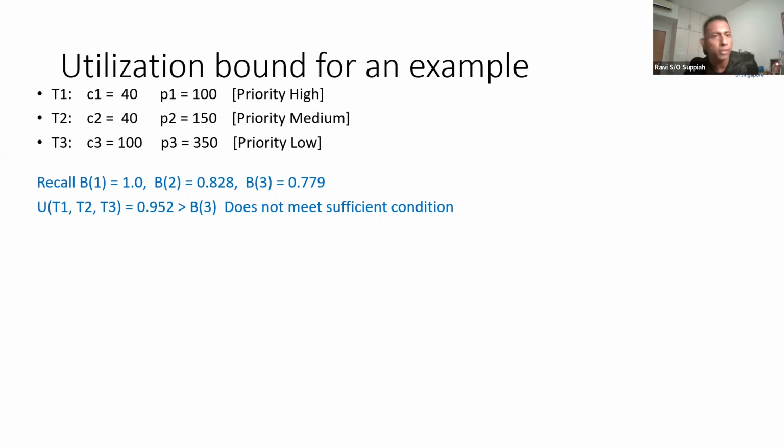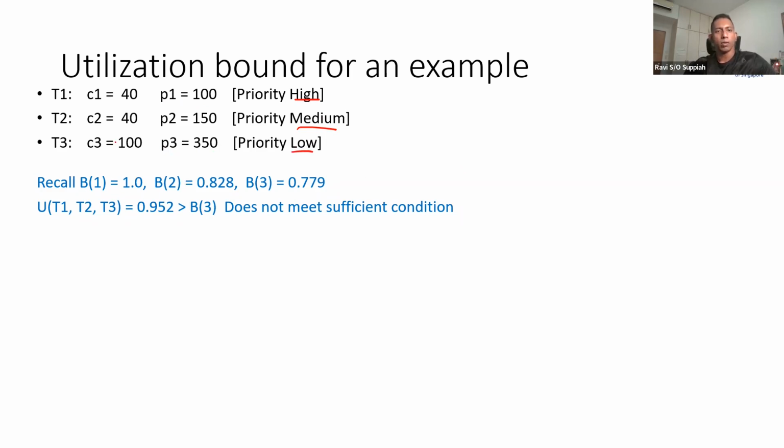If I look at these 3 tasks over here, T1, T2, and T3, what do you see? Task 1 has a period of 100, task 2 will be 150, and task 3 will be 350. So task 1 is higher priority, followed by task 2, followed by task 3.